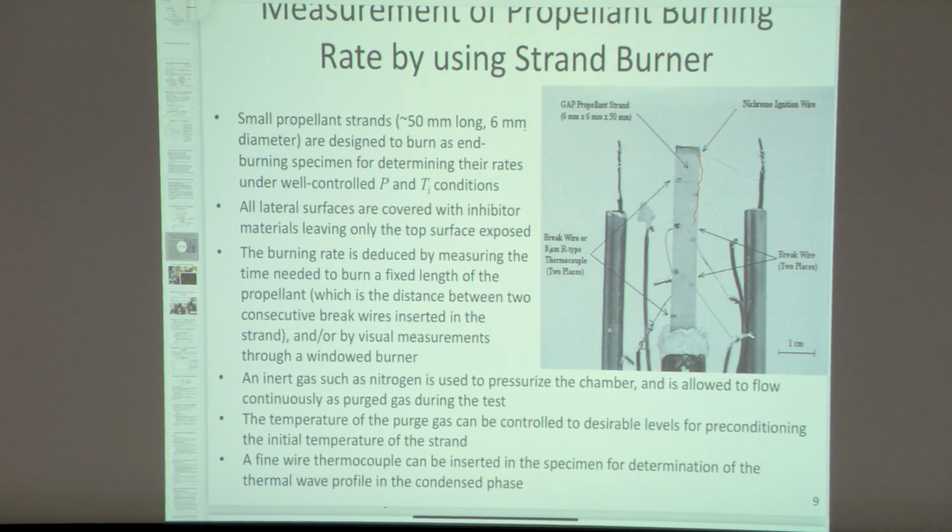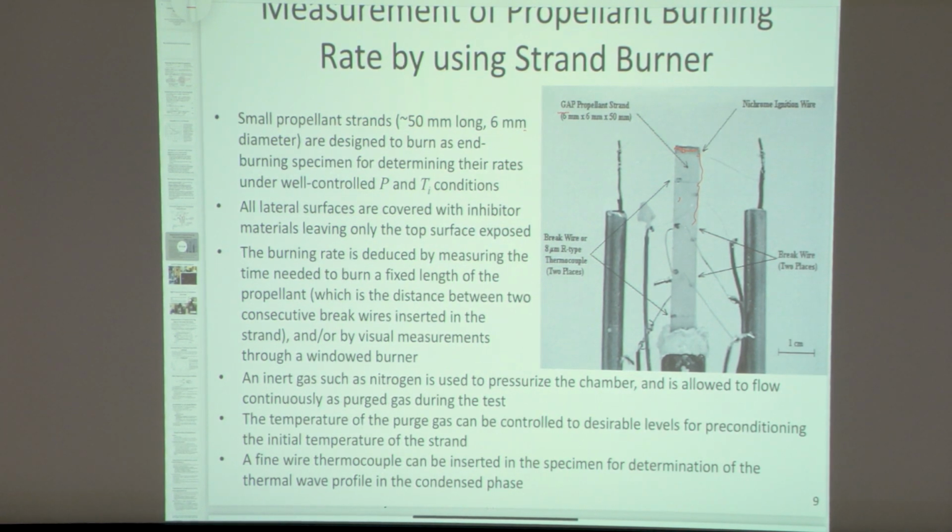The burning rate is deduced by measuring the time needed to burn a fixed length of the propellant, which is the distance between two consecutive break wires inserted in the strand, or by visual measurements through a windowed strand burner. If you look here, this is the propellant. In this case, this is a GAP propellant strand.